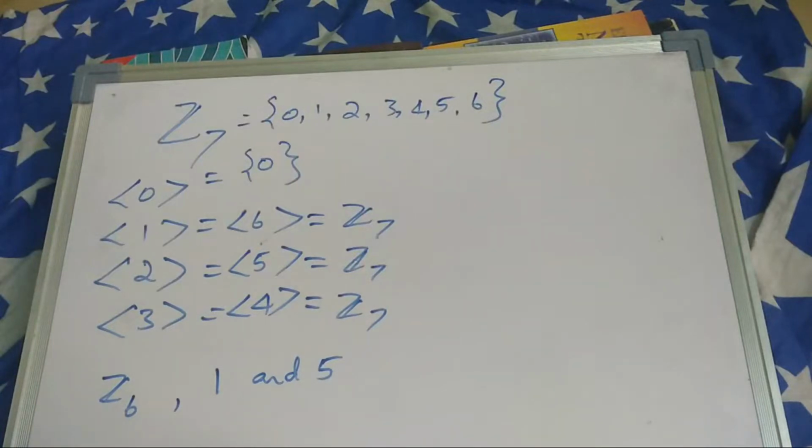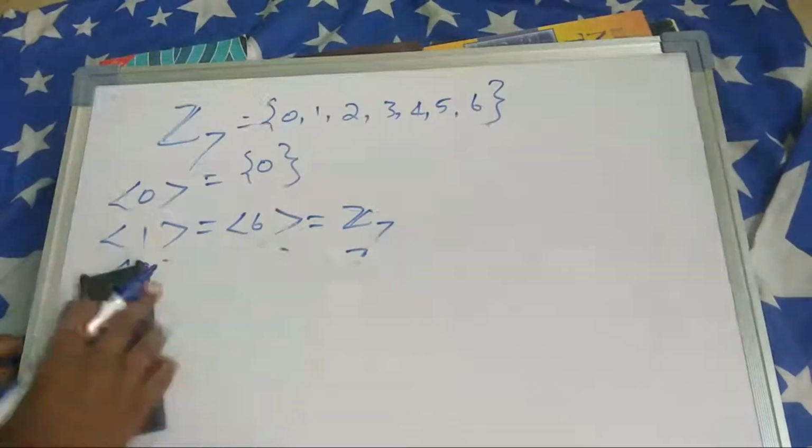So in general, yes, it is true what Mahesh said. If we need to find the generators of a given Zn, just find all the numbers x such that x comma n have GCD 1. Maybe I will write it down here.